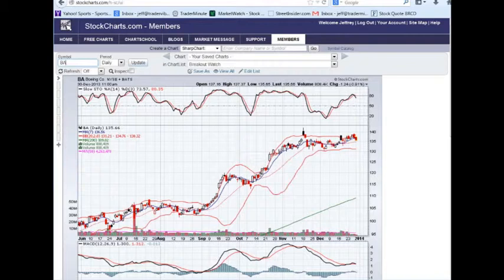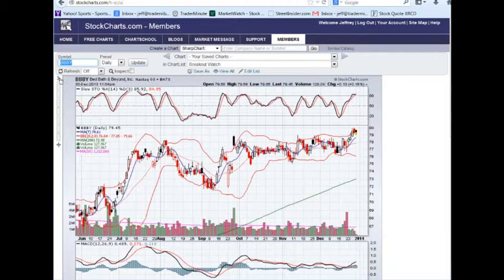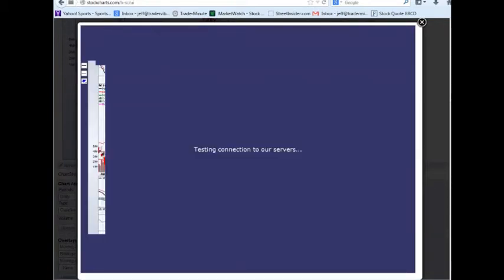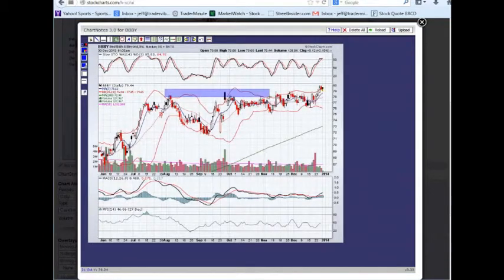The first factor in regards to support and resistance, and I'm going to use one that AKU and Max are throwing out here, Bed Bath & Beyond. This is the most basic concept of support and resistance, which is price. You can see on a chart the level of resistance here on Bed Bath & Beyond.